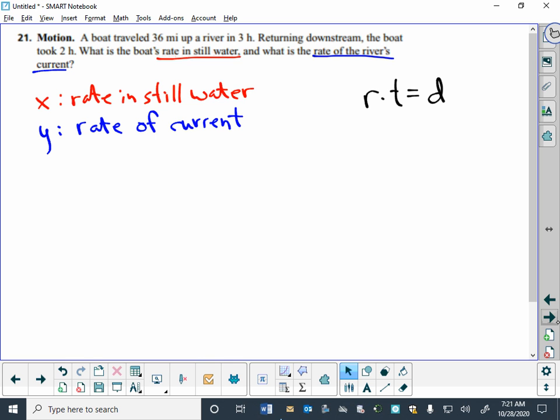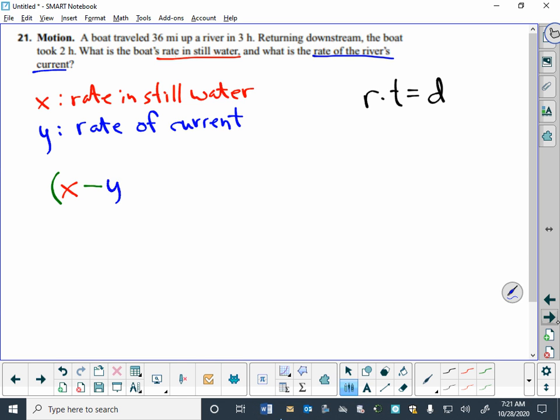And so we're going to make two equations, one for the trip where he is going upstream, so he's fighting the current, okay? And the rate at which he is fighting the current is going to be the rate of the boat in still water minus the rate of the current.